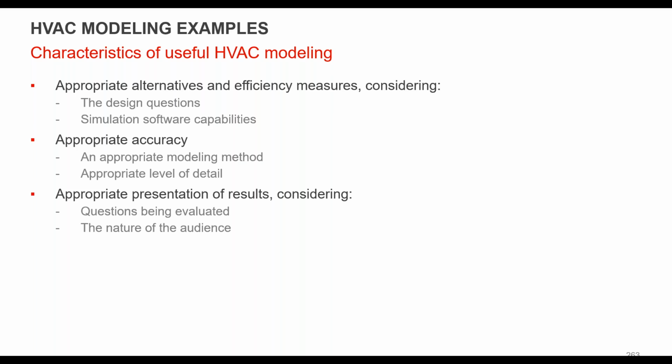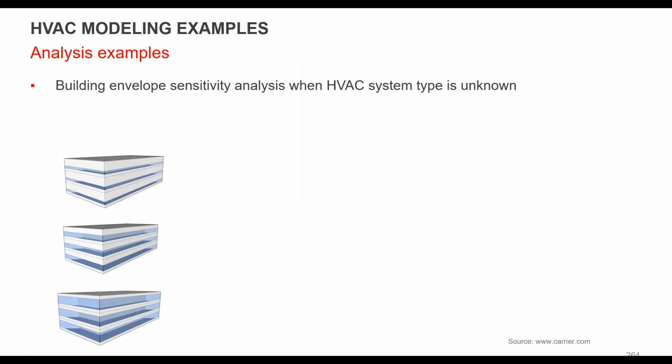We'll continue to look at that, because making sure you can clearly present the data and the findings to the appropriate audience is a very key part of being able to effectively do an energy modeling project and support that role.